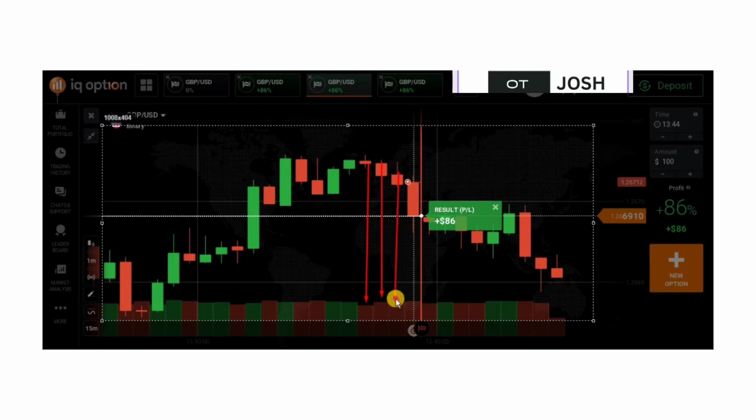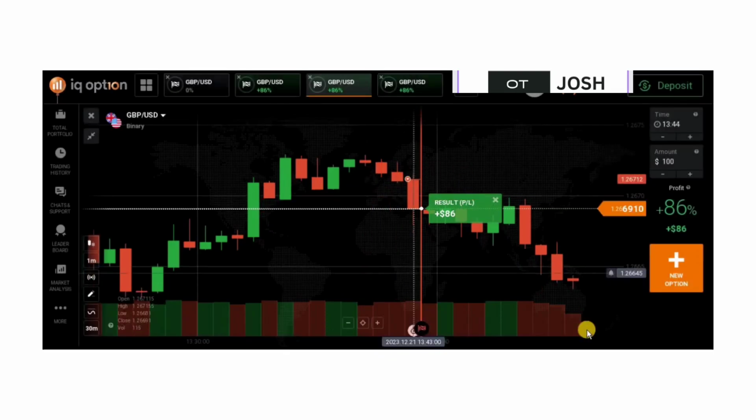Now, having these 3 clues in mind, and knowing that buyers are weak at this level, which may stop price from falling down, and knowing that buyers are also weak at this level, what will you do? You go with the puts. As simple as that. It's a very simple logic. That's how we did this puts trade.